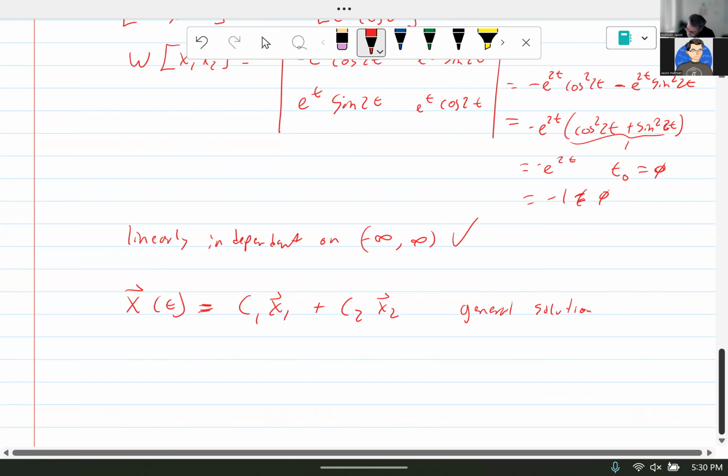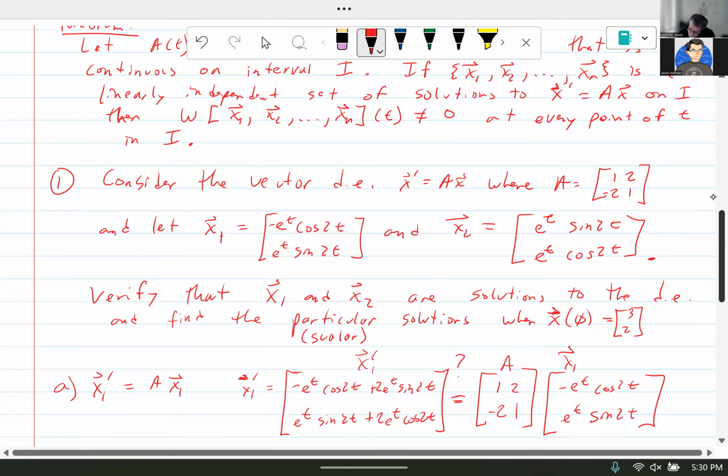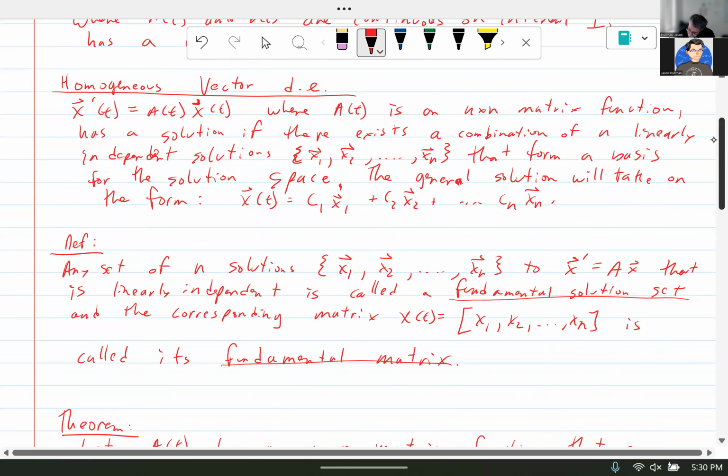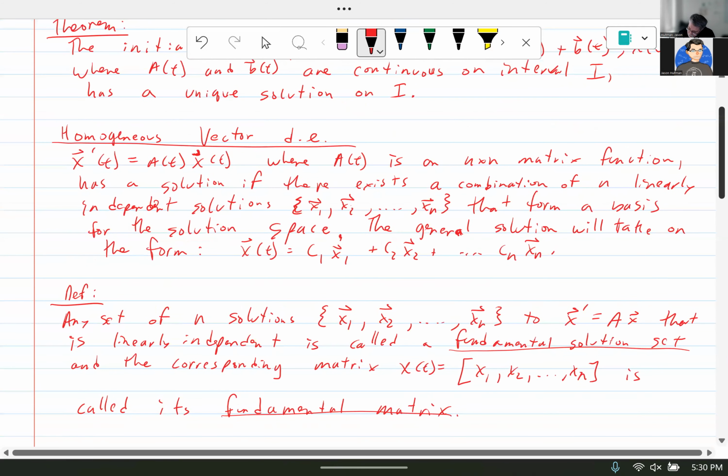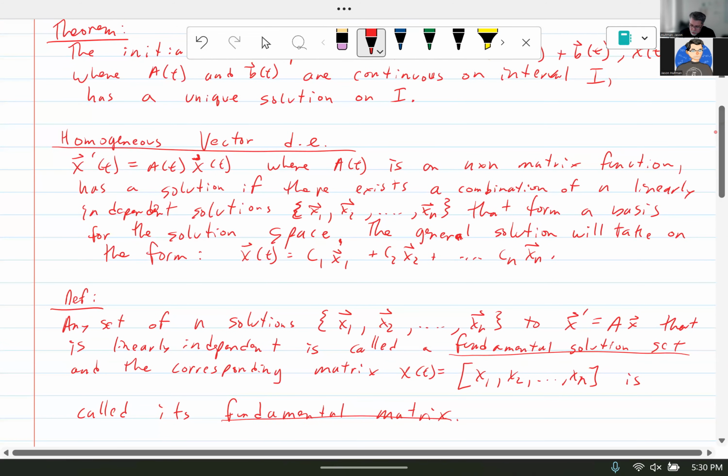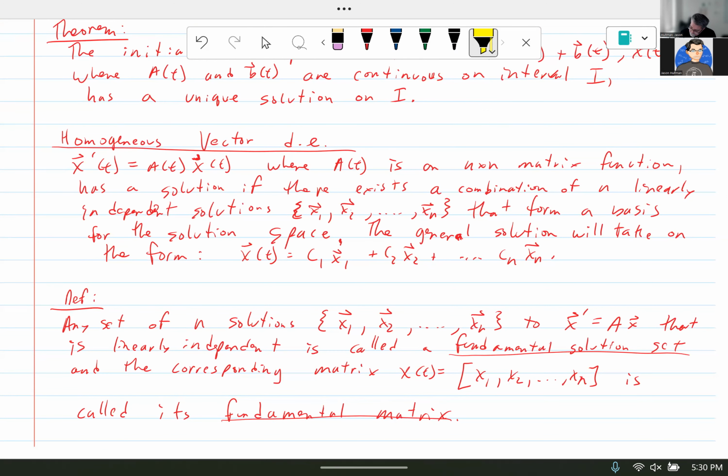I don't know if this goes back to our definitions. Yes, homogeneous. If there exists a combination of linearly independent solutions that form a basis for the solution space, the general solution will take on this form. So we're just saying that the general solution is going to look like that.